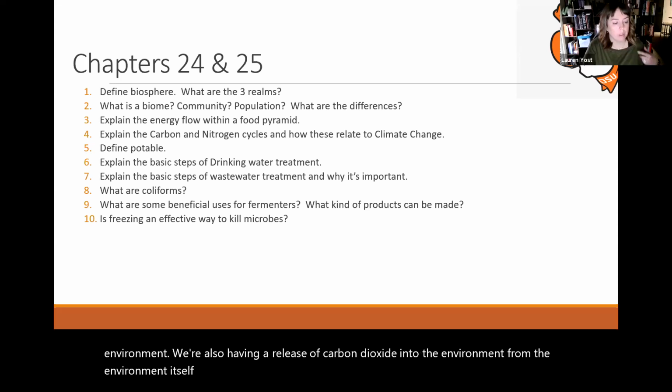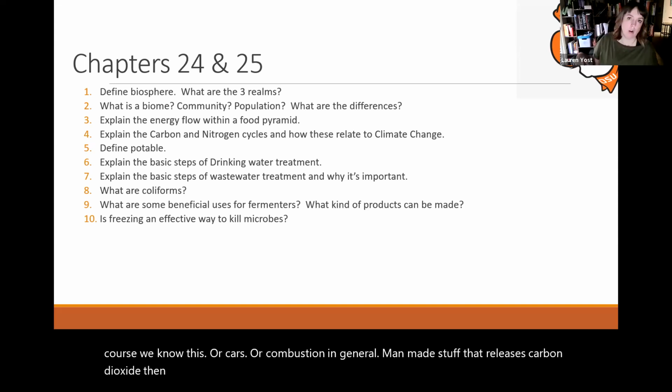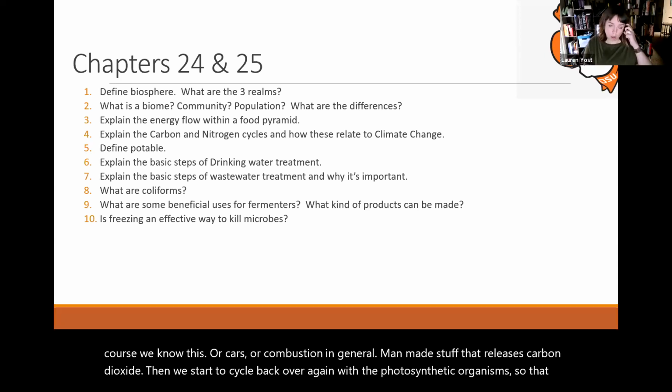In other words, from things like volcanoes erupting or from industry, of course, we know this, or cars or combustion in general, man-made stuff that releases carbon dioxide. Then we start to cycle back over again with the photosynthetic organisms. So that is how the carbon cycle works.